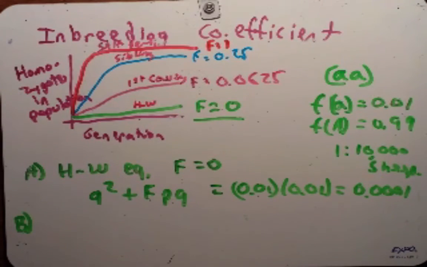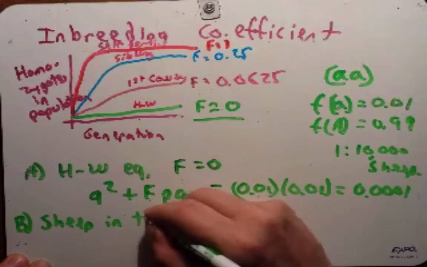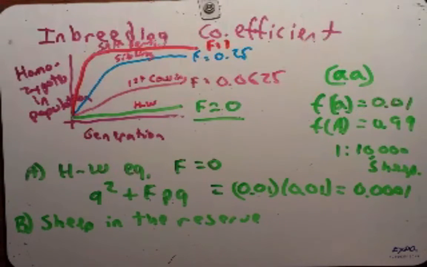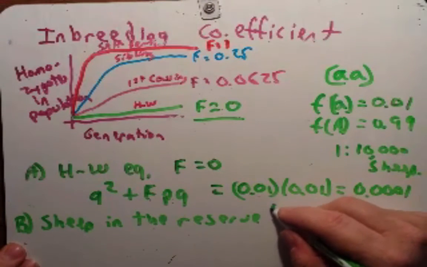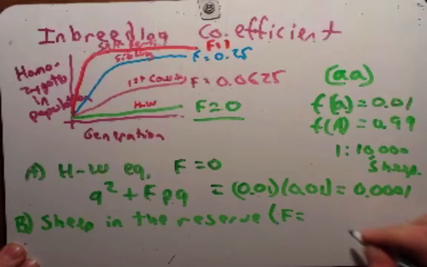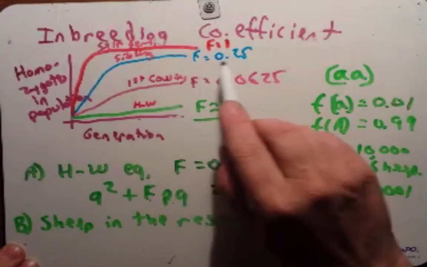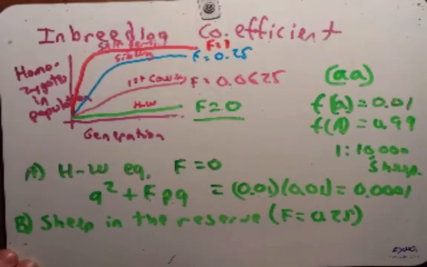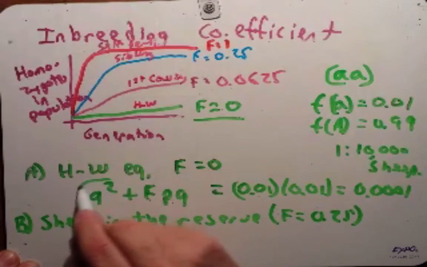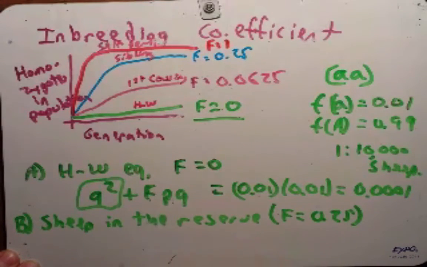Pretty rare. Alright, so now let's look at our sheep in the reserve. Remember, in this situation, there is inbreeding going on because we only put 12 sheep there. And let's look at the more extreme example of sibling inbreeding, where the coefficient is 0.25. We're still going to solve the same equation, except up here, because the coefficient was 0, we only had to consider this, because this cancels out.